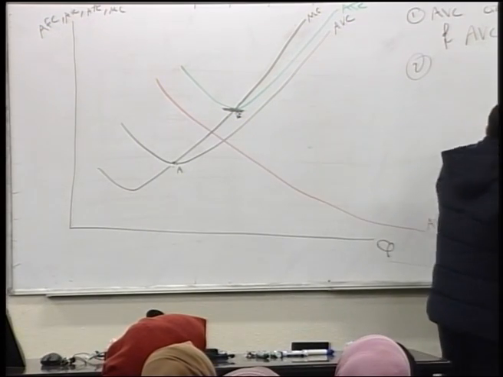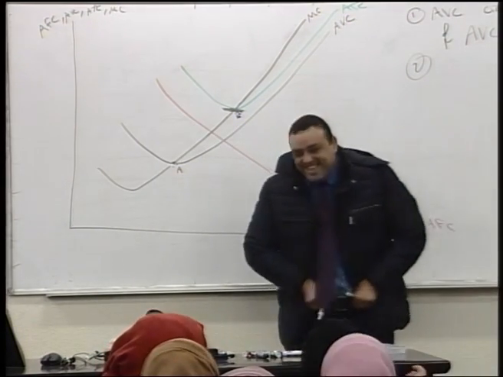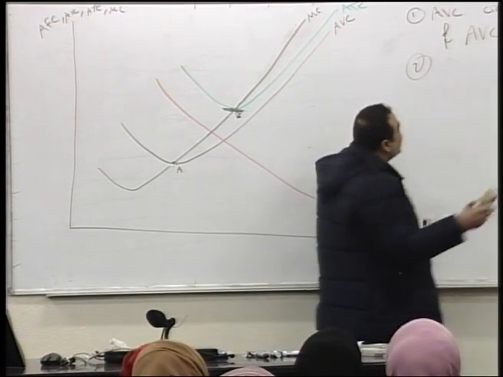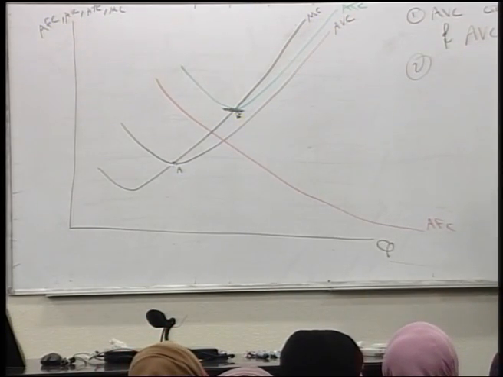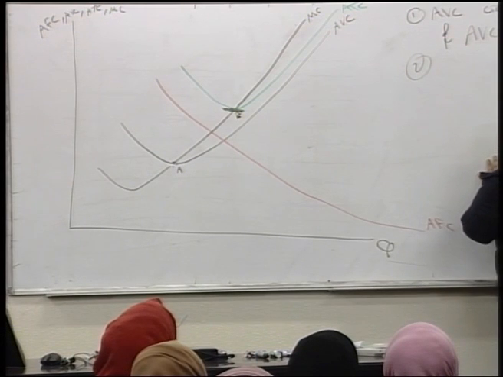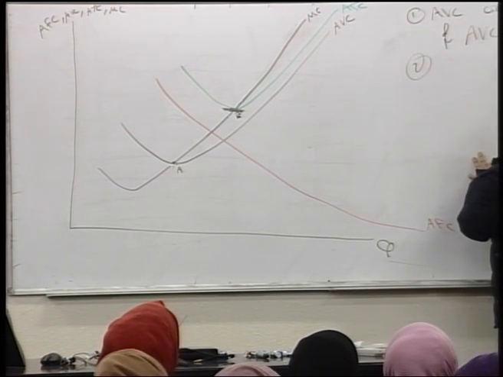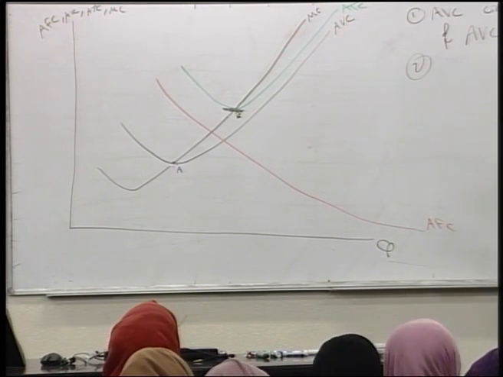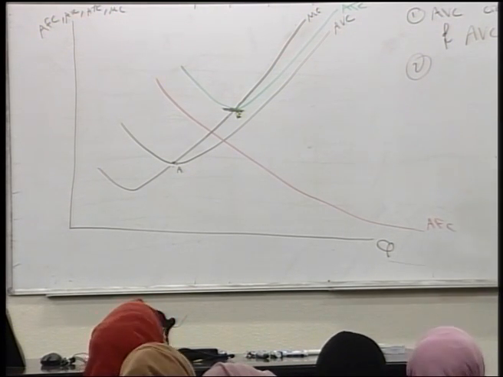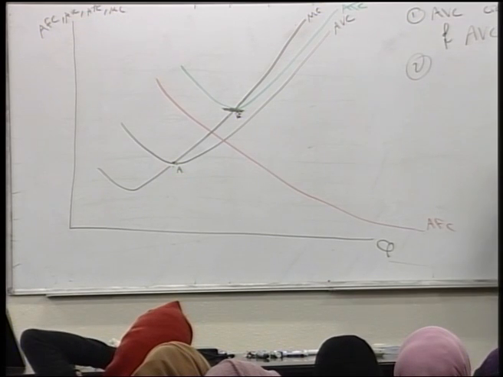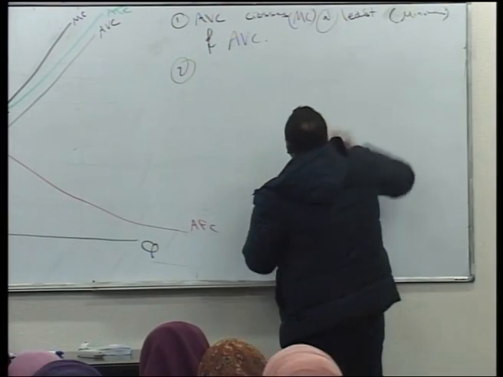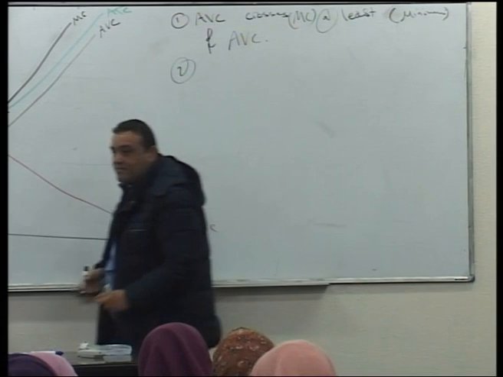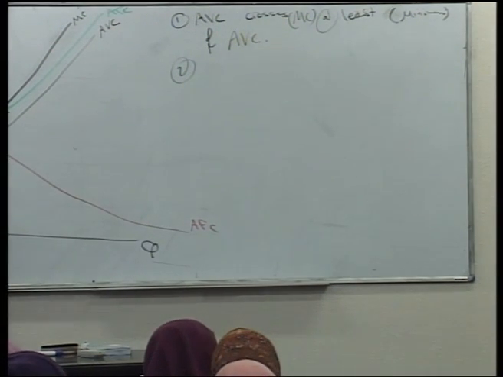Wait a moment. Okay. AVC crosses MC, no, that's not right, what am I saying? AVC crosses MC at the least or the minimum of AVC. The same as for the average total cost.